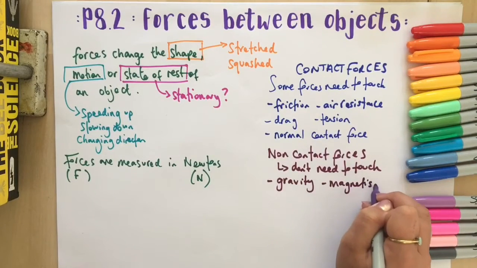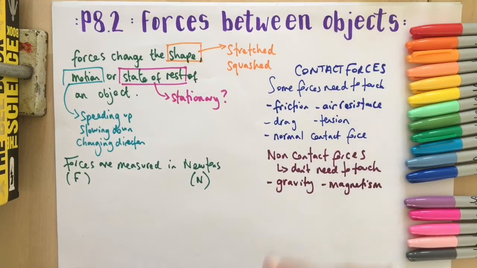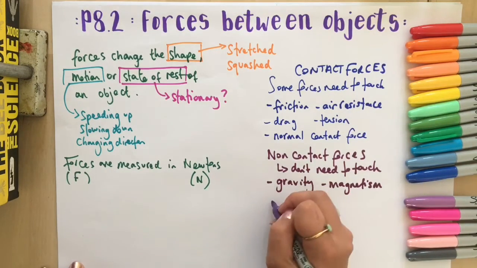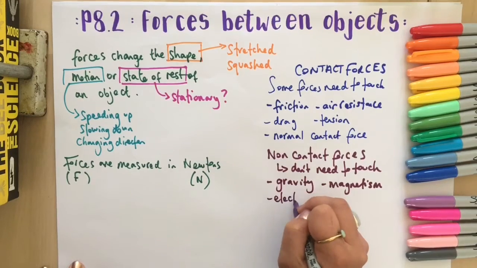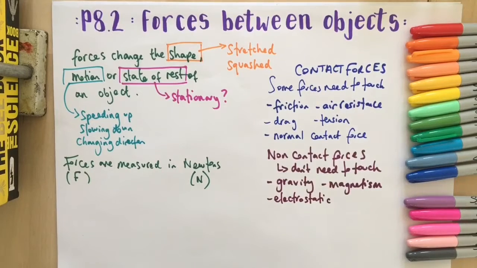So in year 8 you learned about magnets, putting stuff in a magnetic field, making iron filings move and that sort of thing. And then electrostatic forces, which are between charged particles. We've learnt before about protons being positively charged, electrons being negatively charged. So the forces to do with charged particles are electrostatic forces.